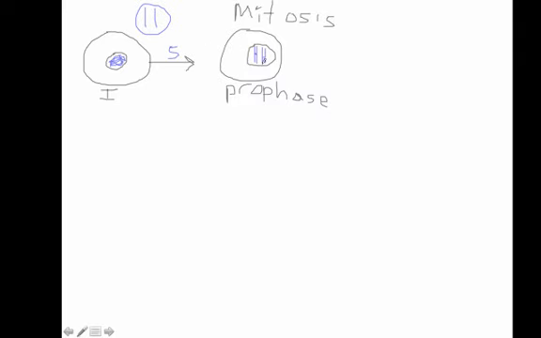In prophase now, the chromosomes have begun to condense with each other, and now they are visible under the microscope. Another thing that's happening, and we can draw these on the other cell too, are these structures called centrosomes. I'm just going to draw them like this.